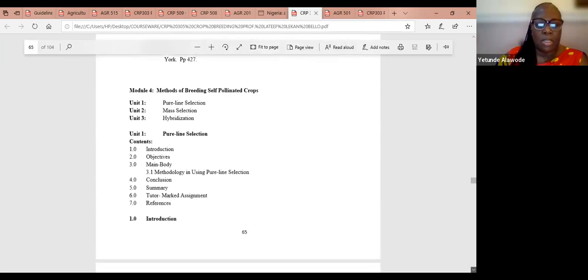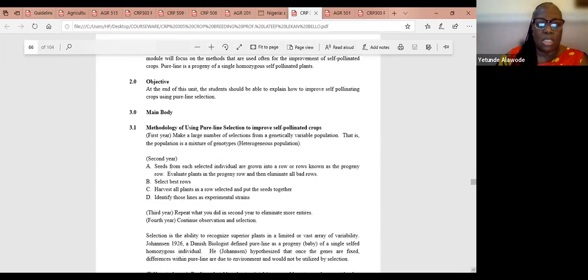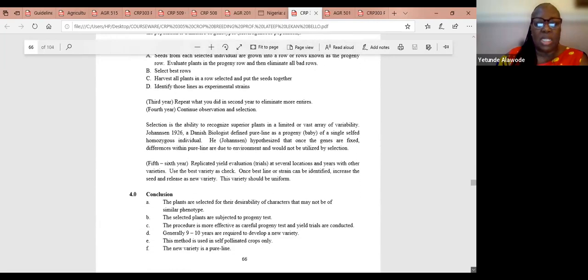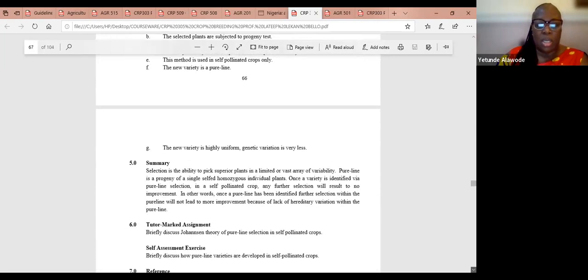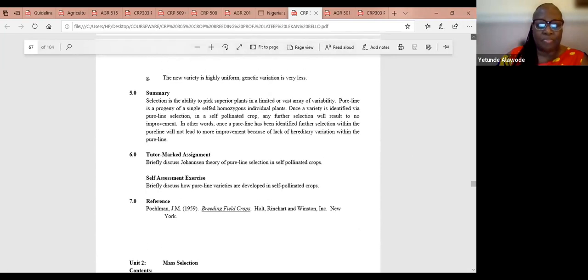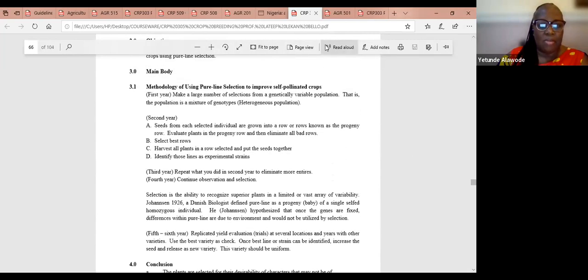So then we went ahead to do the method of using pure line selection to improve self-pollinated crops. That one too is not a big deal. You have the first year, the second year, the third year, and the fourth year, then the fifth and sixth year.